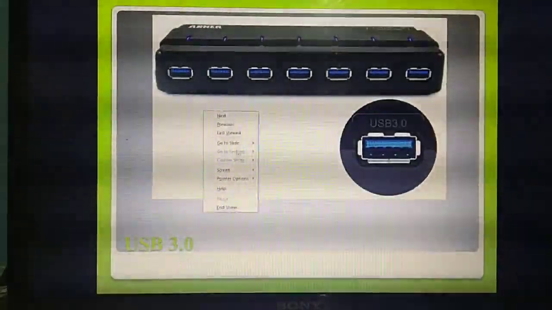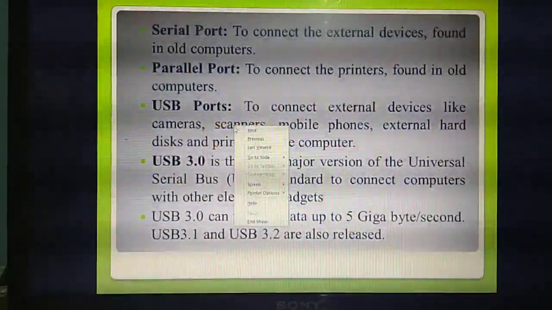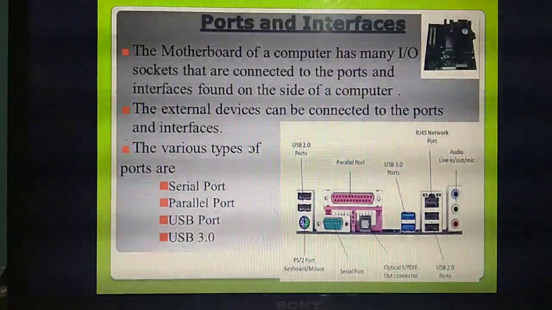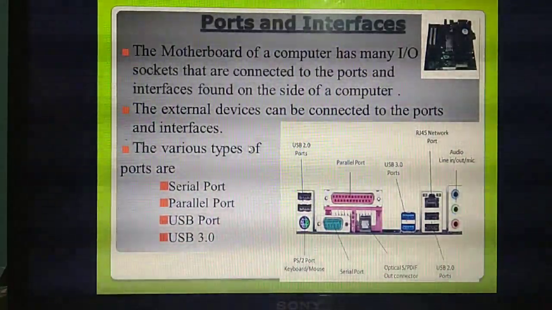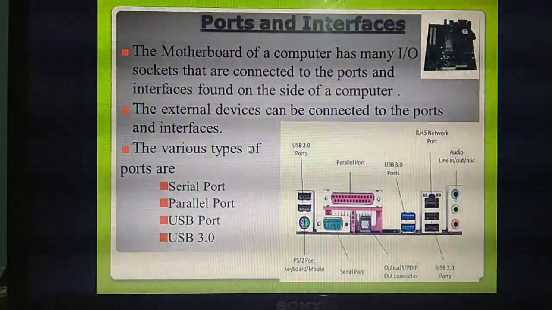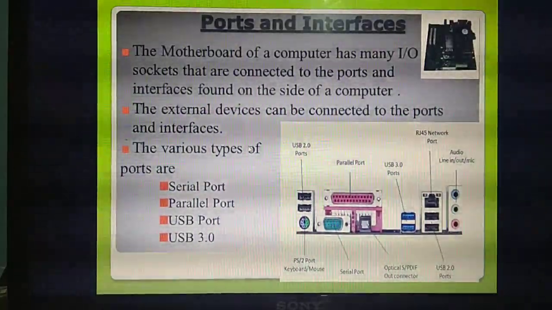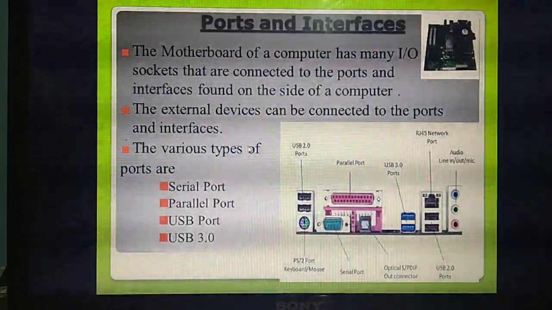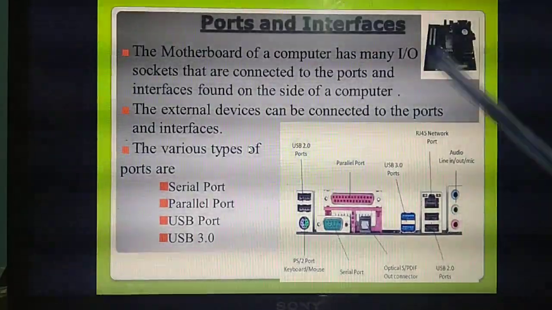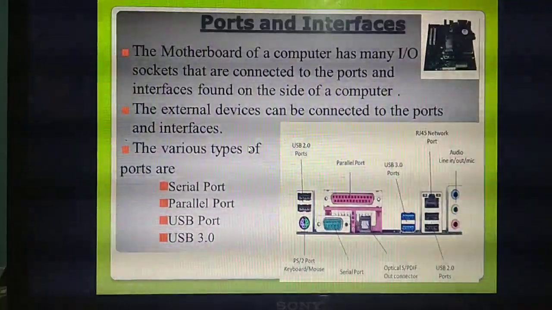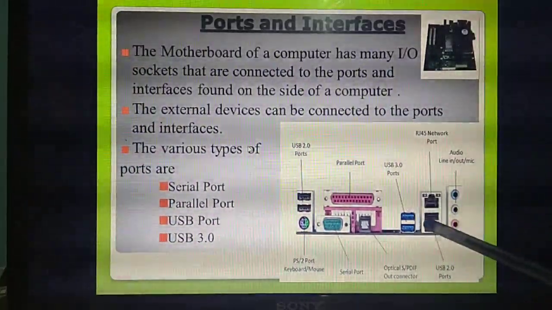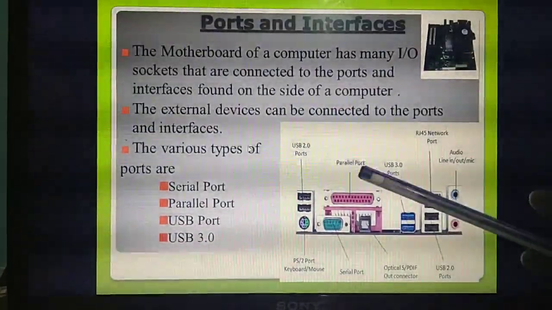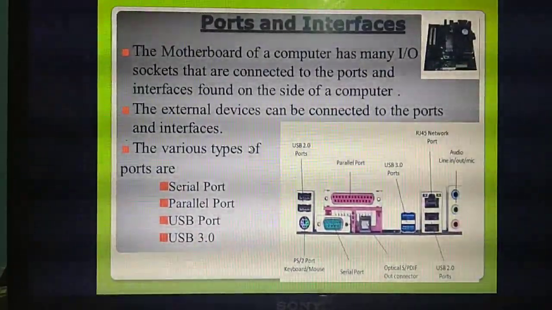So for some other external devices or external electronic things that you need to connect, which port will you use? USB 3.0 port. Understand? This diagram is not given in your textbook.